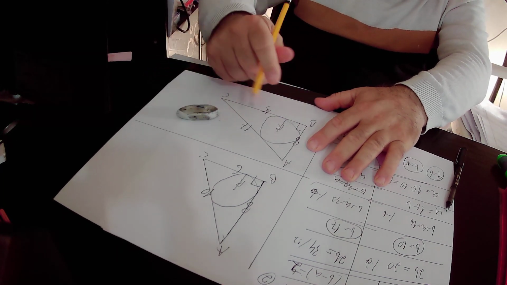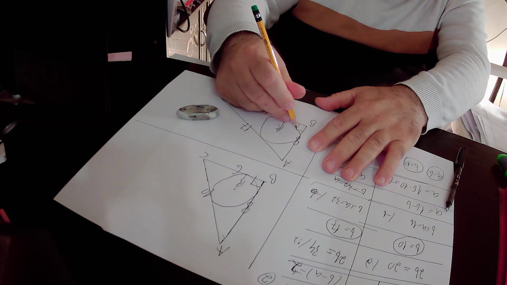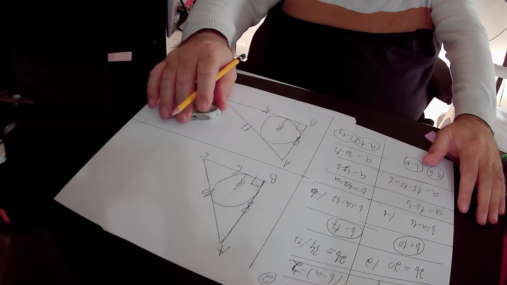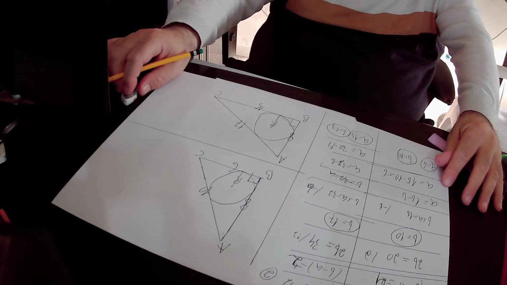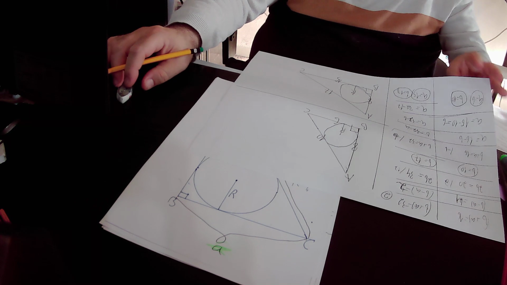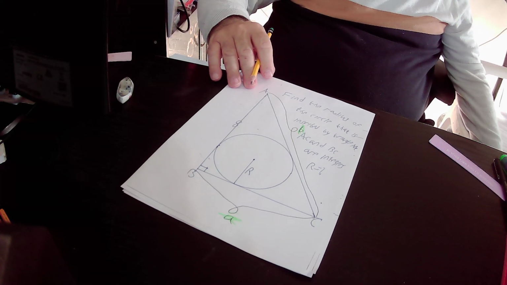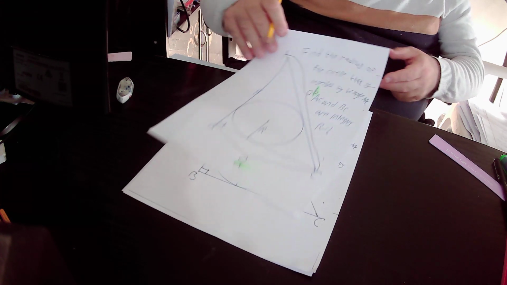So, in order to find out the radii of those two circles that are inscribed by those two right triangles, here we take a right triangle, triangle ABC, that could be any right triangle.